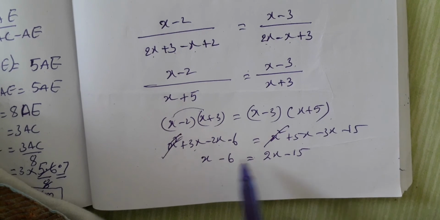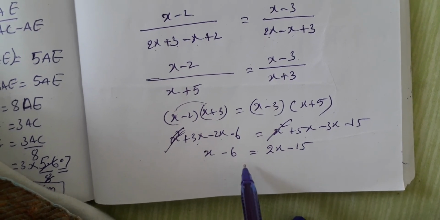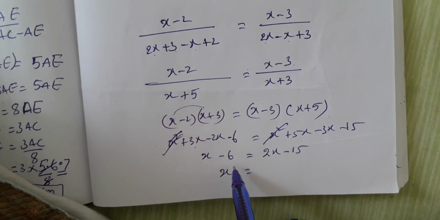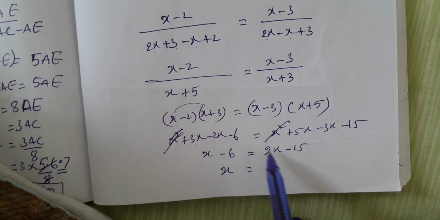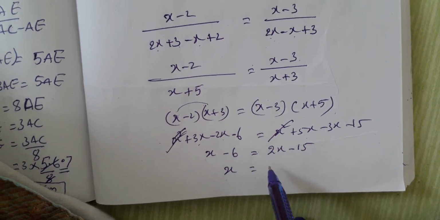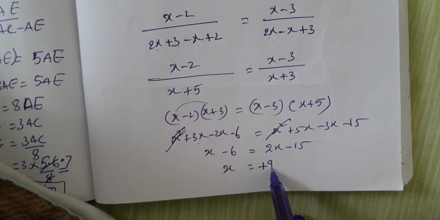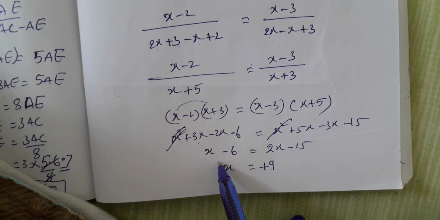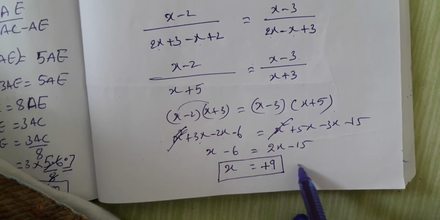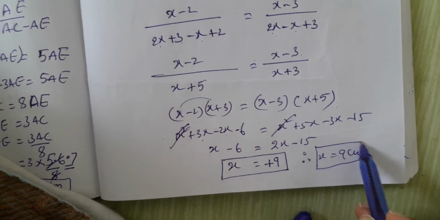Right, so now taking x onto this side, whatever changes you bring to x, I will take it as x here. And then 15 minus 6 is 9. X is equal to 9. This is the answer for us. X is equal to 9 centimeters.